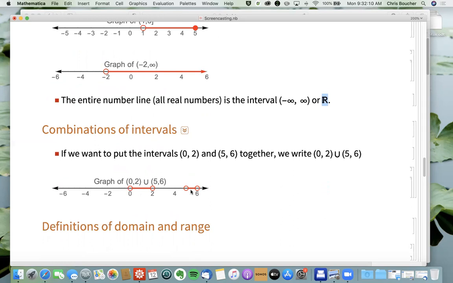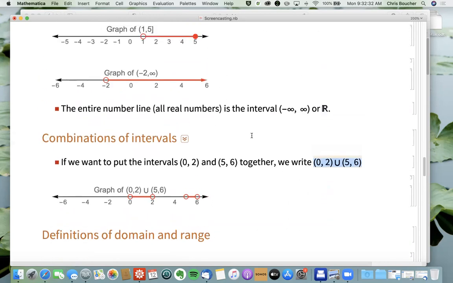If I want to communicate the numbers that are between 0 and 2, and also the numbers that are between 5 and 6, we'll use this U symbol to sort of glue the intervals together. So this is a set union for folks who have seen set theory before. So this is the union of (0, 2) and (5, 6). All right, so this is kind of a precursor to domain and range, which is the main topic of this section, but won't take too long.